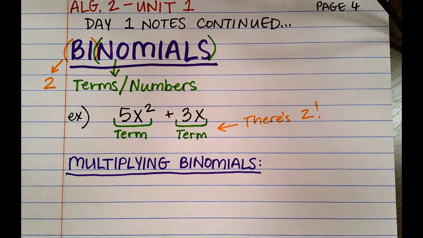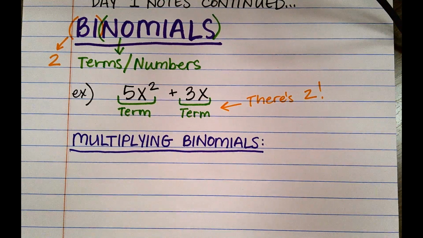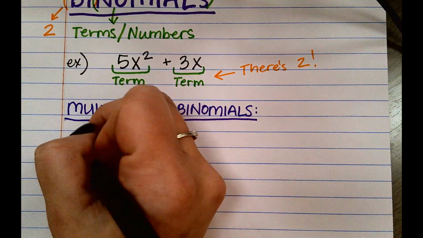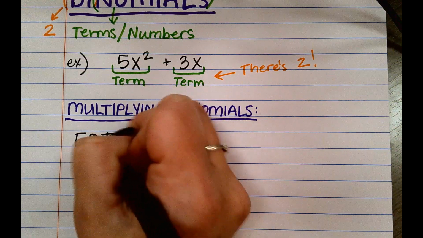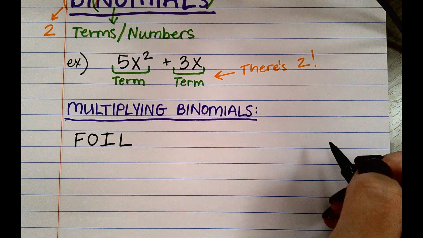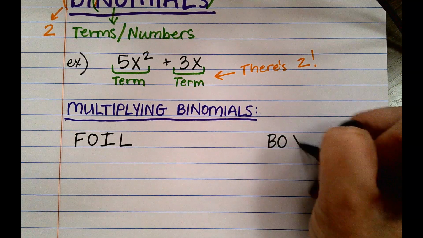I will teach you two methods. I'll pause again because we're speeding through. All right, so multiplying binomials. I like to teach two different methods. There is what we call the FOIL method, F-O-I-L, and then there's the box method.